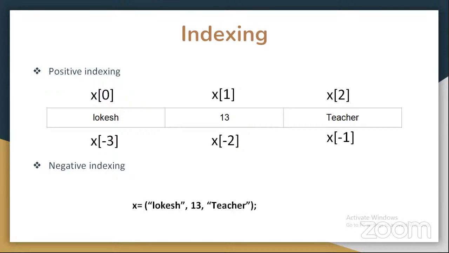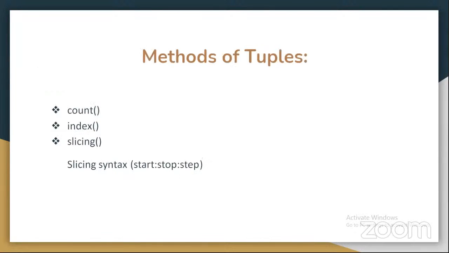In tuples, we can duplicate the data values, which are also called data elements. There are two words in Python, mutable and immutable.